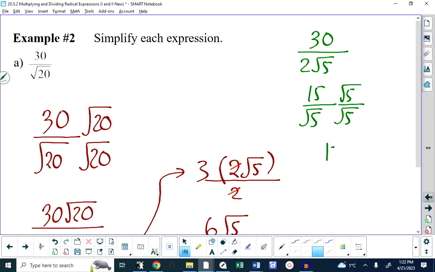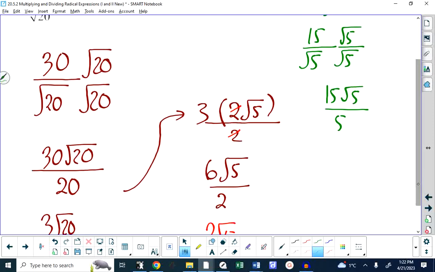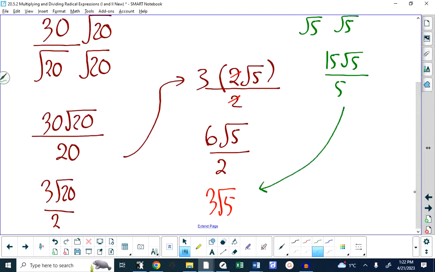That's going to give me on the top 15 root 5 divided by 5, because on the bottom, root 5 times root 5 is root 25, which is 5. But now the 15 on the top and the 5 on the bottom reduce down to 3.